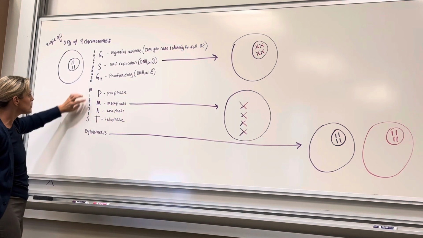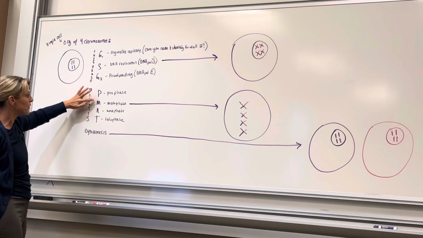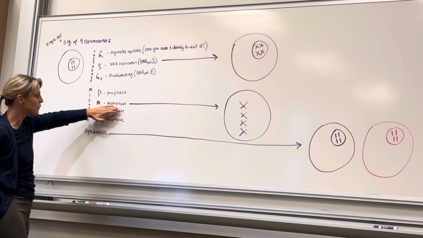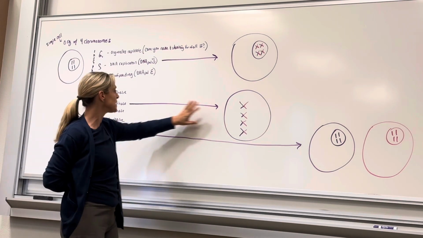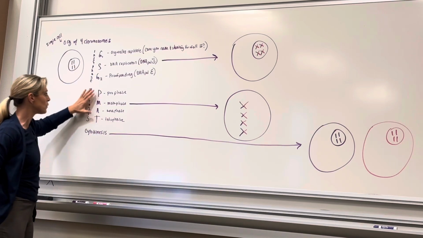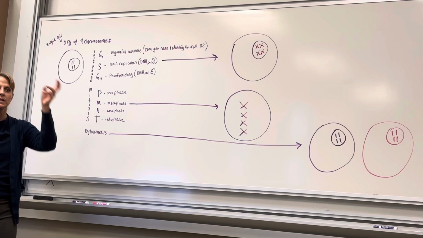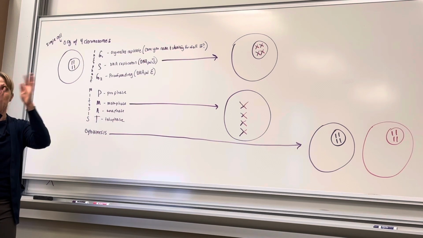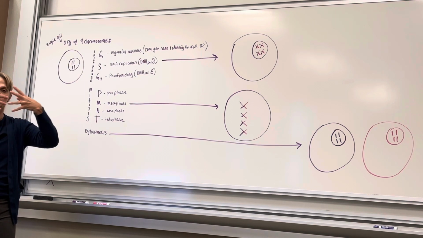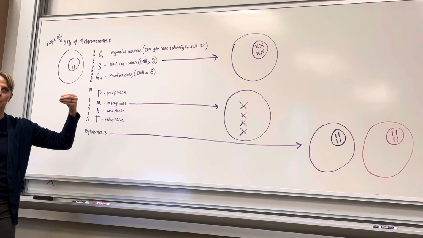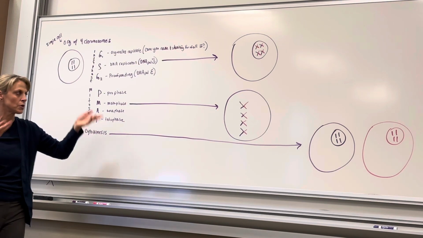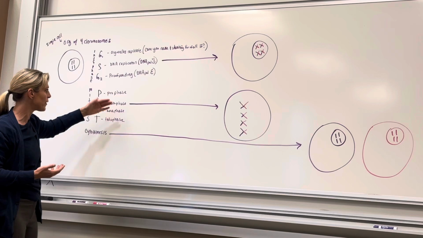Okay, so in mitosis, there's PMAT: prophase, metaphase, anaphase, telophase. The one we really care about is metaphase. Basically, the whole system is the nucleus dissolves, the chromosomes line up, the chromosomes split, and then the chromosomes are pulled apart to their separate poles. So as long as you understand what the whole point is.